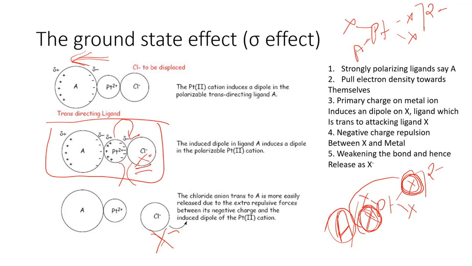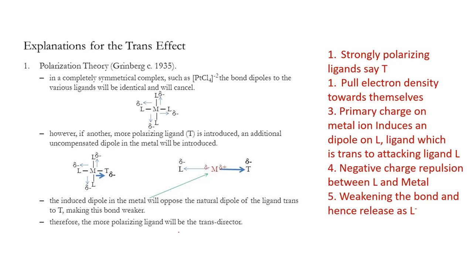Now again we are explaining this thing, taking another example. Say for this example, it is also a symmetric complex, where the central metal atom is M and four ligands are there.